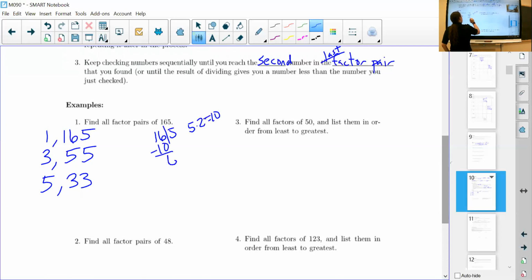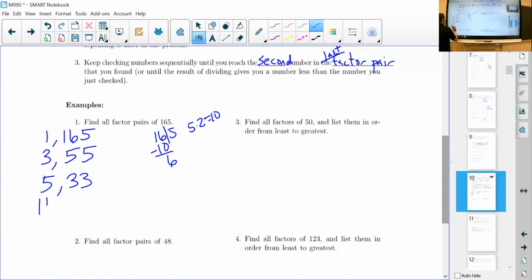Subtract, and no, 7 doesn't go into 6, so it doesn't go into 165. Okay, 7's out, 8's out because it's even, 9's out because when we add 1 plus 6 plus 5, we get 12, which is not a multiple of 9. 10's out, it doesn't end in a 0.